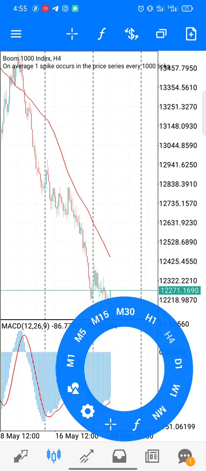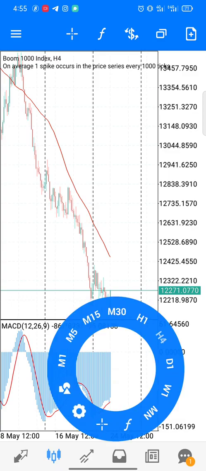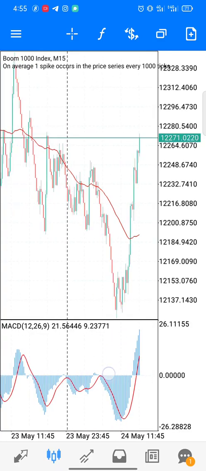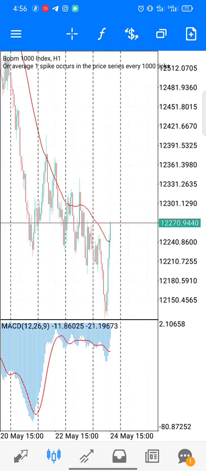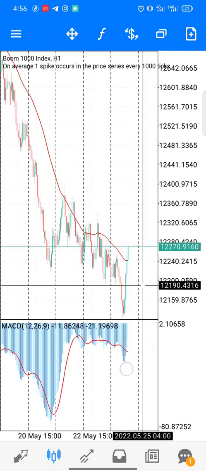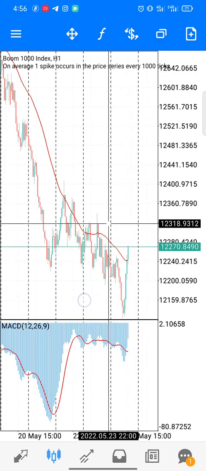On the 4-hour time frame, that made a strong, heavy bullish move to the upside. We're going to check this from a lower time frame to see where the market is heading. But for me, with the 1-hour time frame, I'm seeing that this market is still going to continue to the downside, probably at this resistance level.